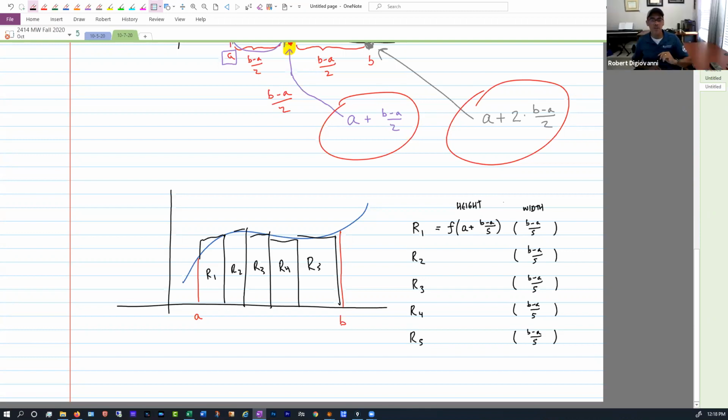Does everyone see that what that is saying is for rectangle 1, we are going to go to this point right here and go up and plug it in. So that point right there is starting at A and adding to it one jump, one width of one rectangle. Right?